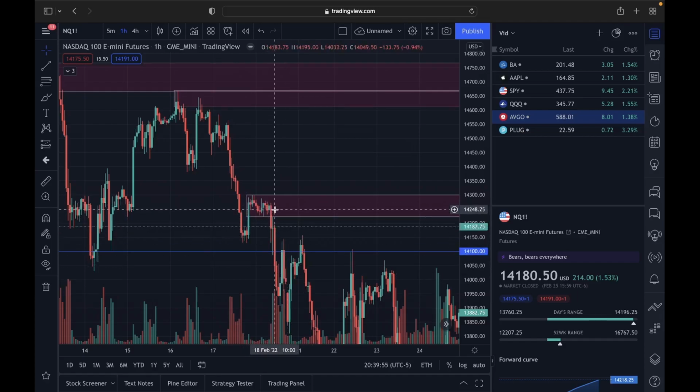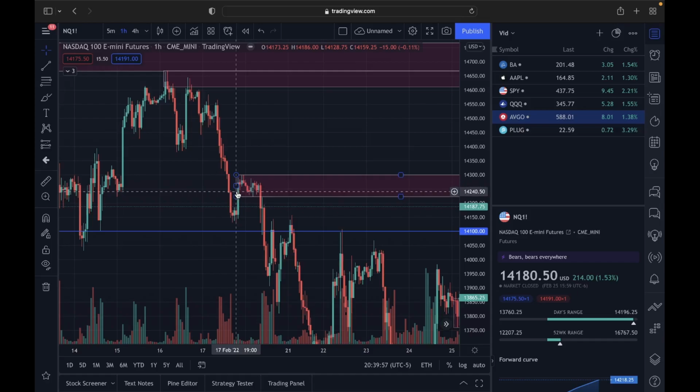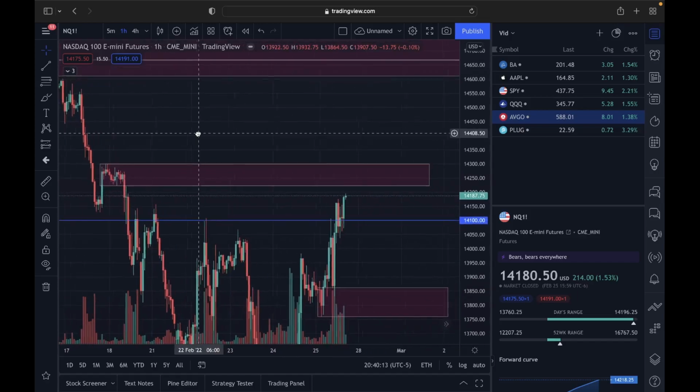So here you can see we had consolidation, which is just orders being placed, orders get filled, we come down. Now the idea is next time we test it, the unfilled orders that are still left are going to get filled on the retest of this level.